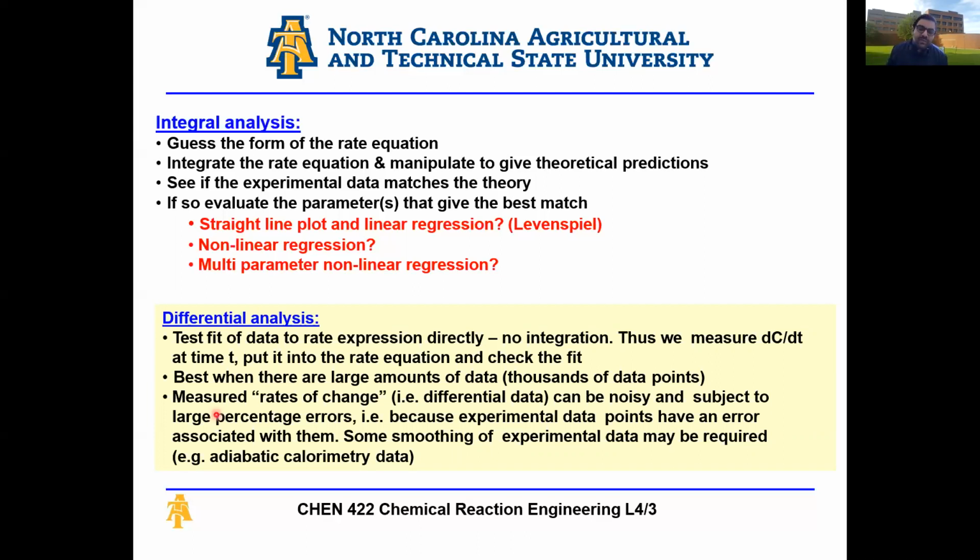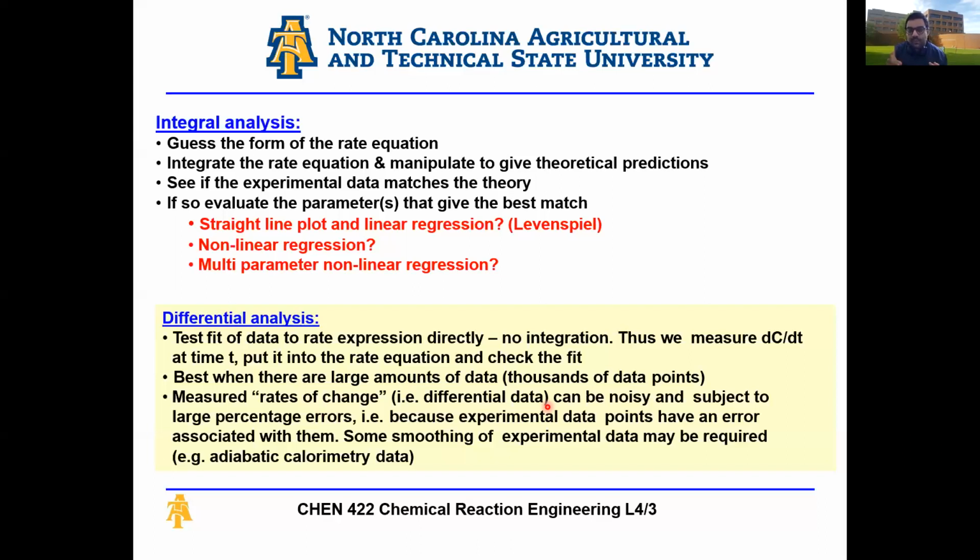This method can be better when you have large amounts of data. However, you're susceptible to having a lot more noise. So for example, if you have measured 2 points or 1 point is off, your slope is completely off, and this might result in a huge deviation, or might introduce a lot of noise into your analysis.